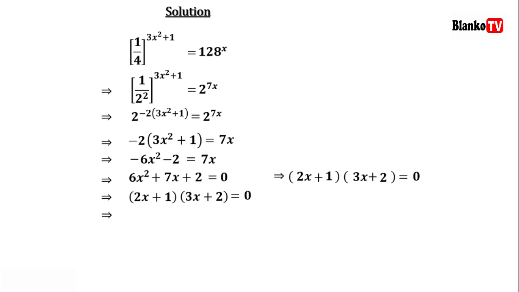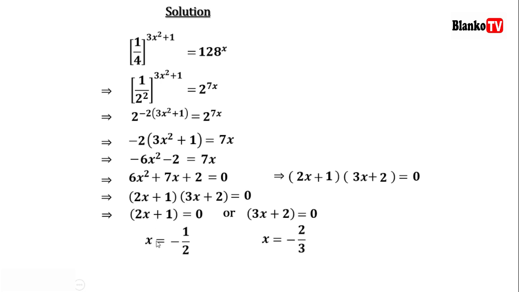So we take 2x + 1, equate it to 0, and solve for x. So x is going to be -1/2. Or we take 3x + 2, equate it to 0, and solve for x, which gives us -2/3.